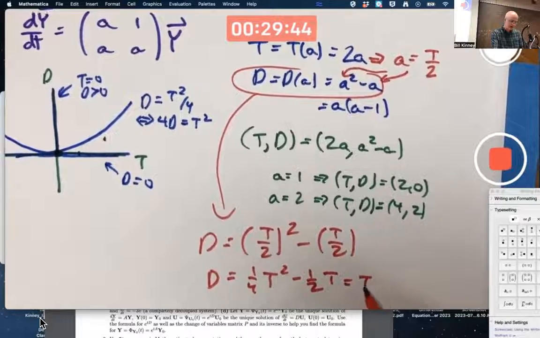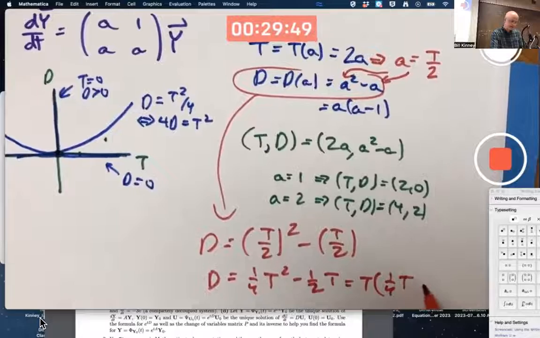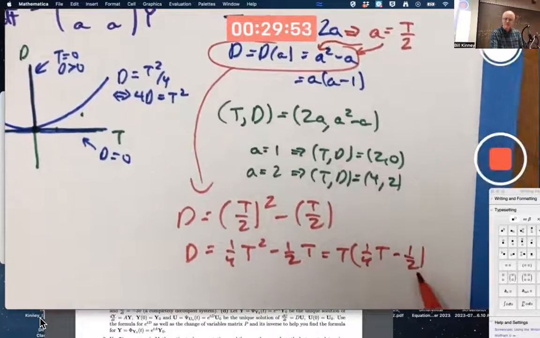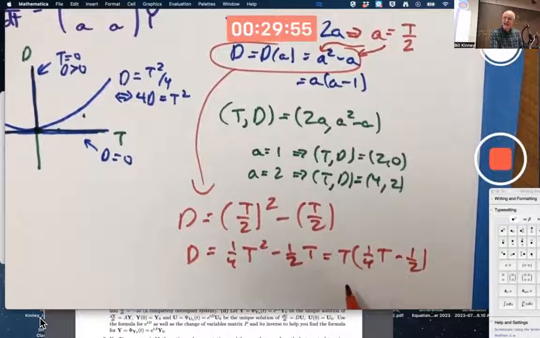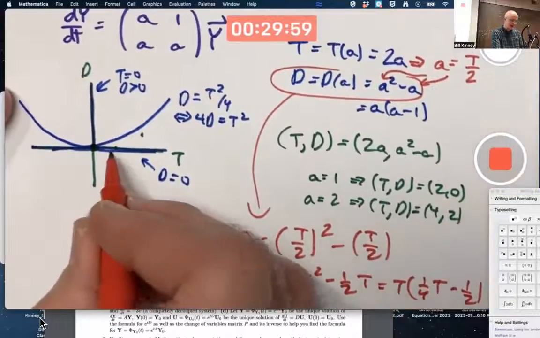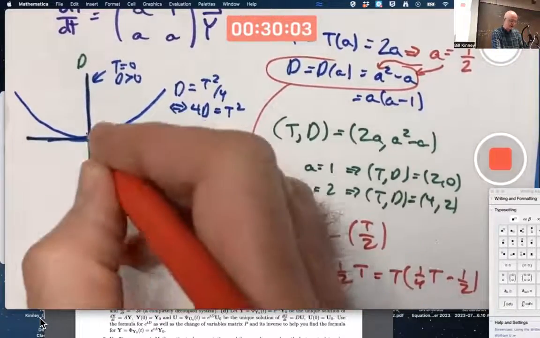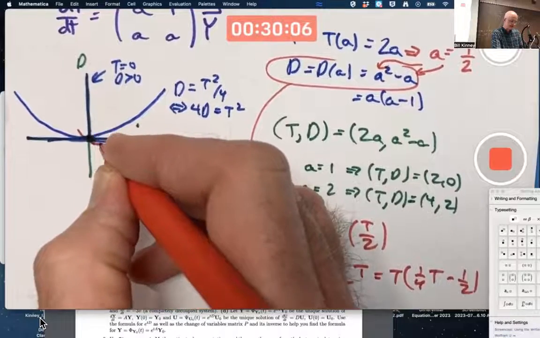You can also factor it like this and realize it's got t-intercepts at 0 and what would it be, 2? Yeah, I already knew that. That's a 2 there. And it's an upward opening parabola. It's going to look about like this, it seems.